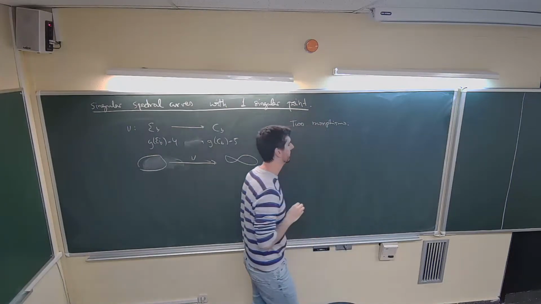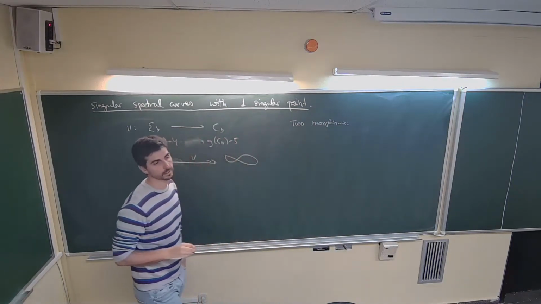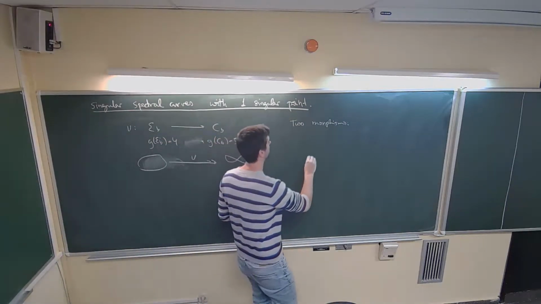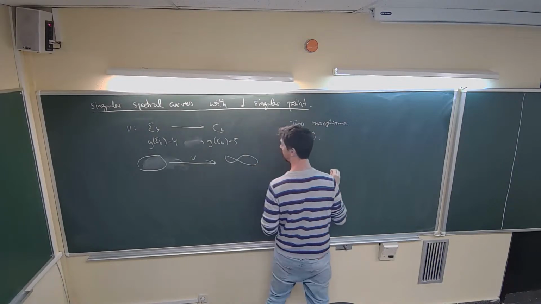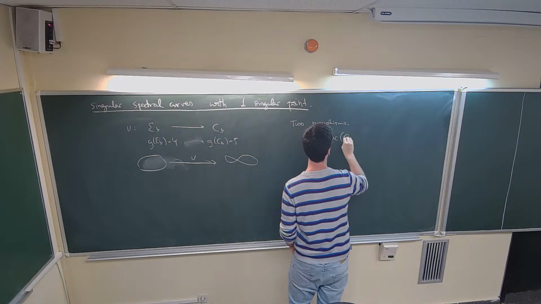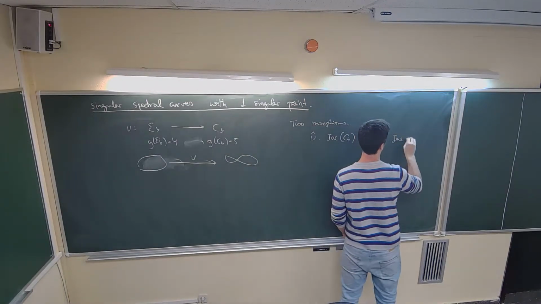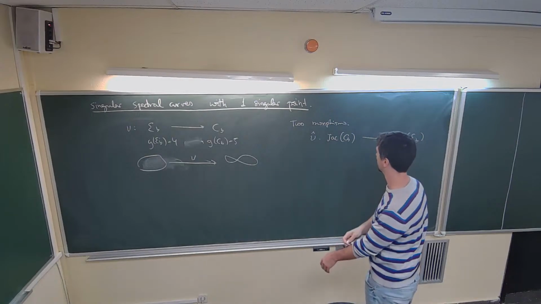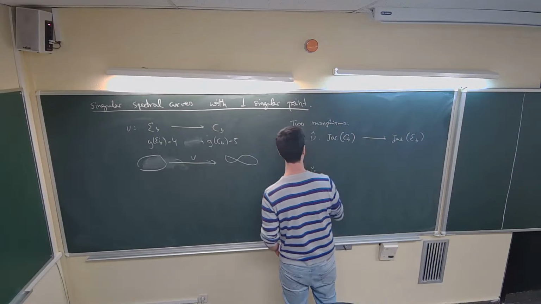The first one is taking the pullback under this normalization morphism. The pullback, which I will denote by n hat, goes from the Jacobian of C_B to the Jacobian of sigma_B, and the other morphism is taking the push forward.